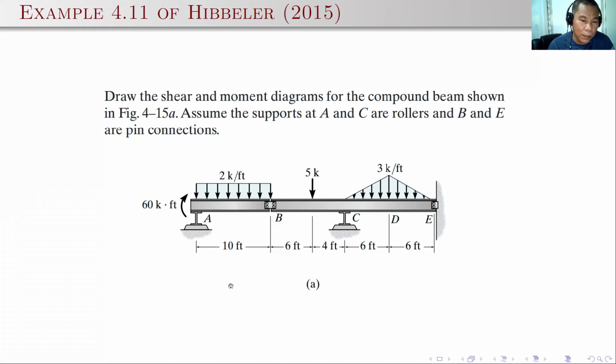So you will notice that this is statically determinate actually. So you just have to separate the two segments. For AB, you can compute the reaction here, and you can compute the corresponding reaction here, and transfer it to this portion.